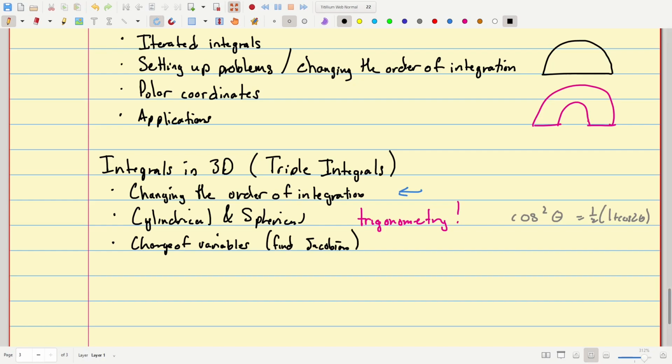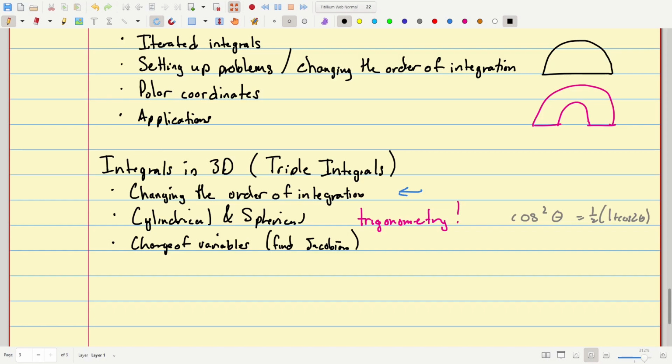You should be able to determine the Jacobian of a coordinate transformation that I give you, or derive one of the ones that we have used for our canonical coordinate changes: polar, cylindrical, spherical.